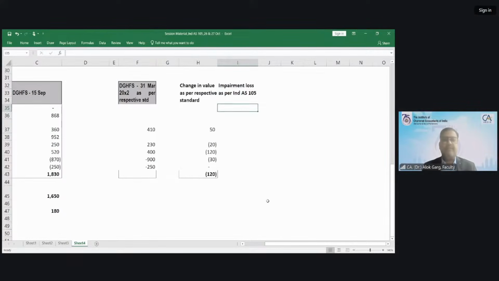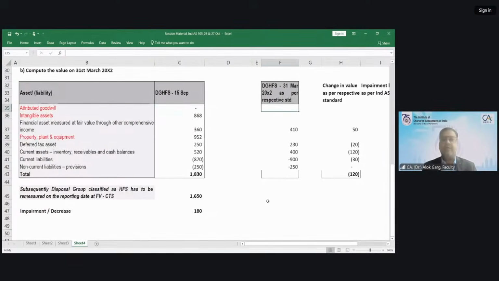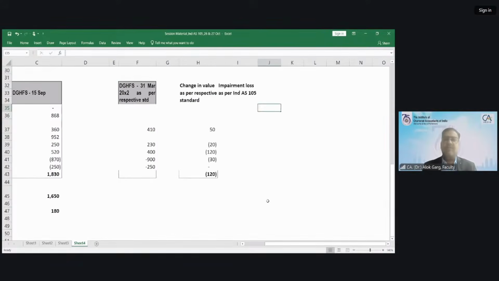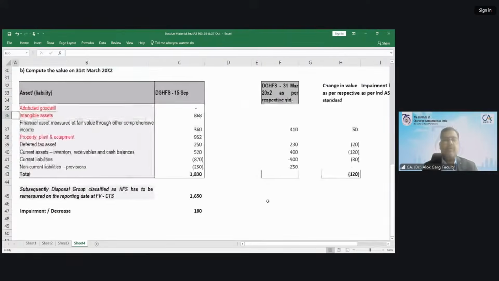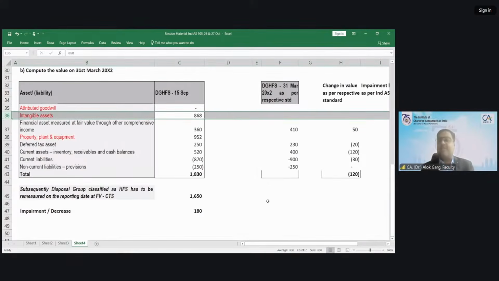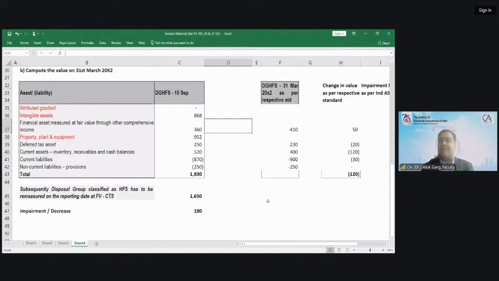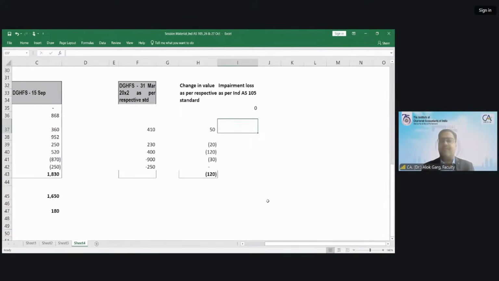So friends, this attributed goodwill is 0, so of course it will be 0, no change, correct? Yes, sir. Then your intangible asset is 868. So this decrease has to be allocated to impairment in intangible asset. Financial assets we have already treated. Financial assets do not come within the purview of this, right?